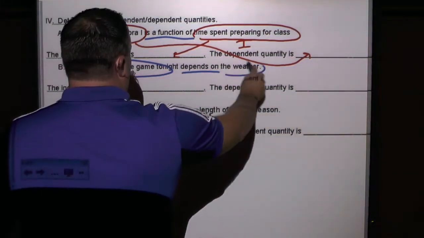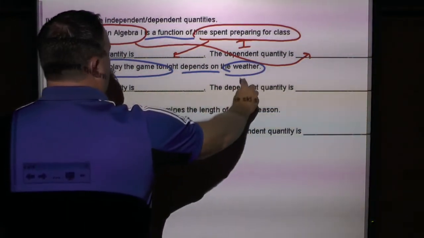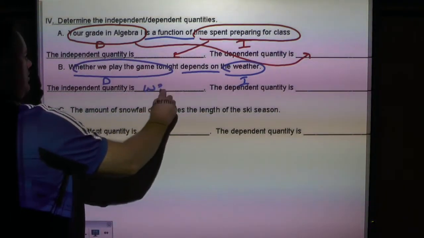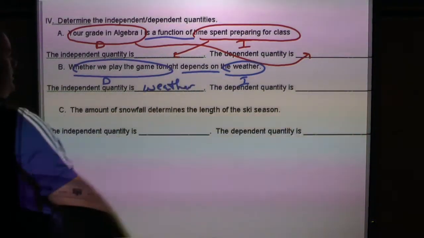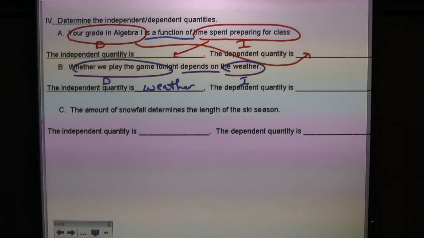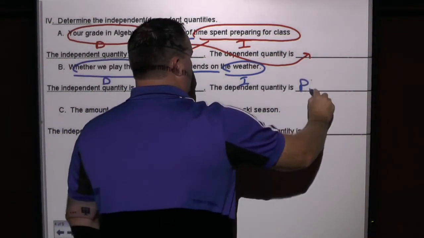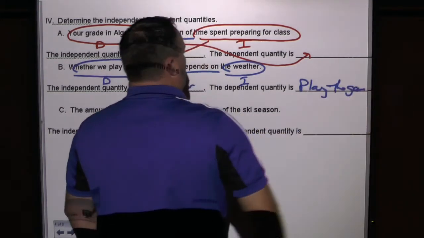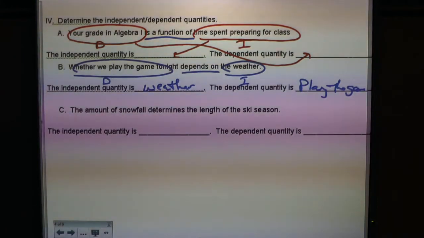The weather is your independent quantity. Whether you play the game is your dependent quantity. Because when you think about the situation, if you're on a team and you play outside, I have to worry about this all the time as a soccer coach.